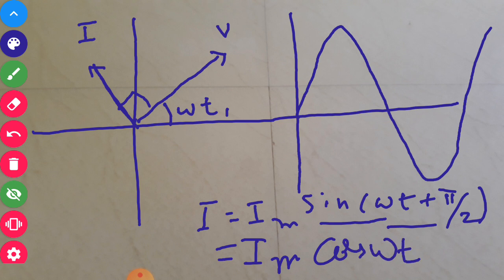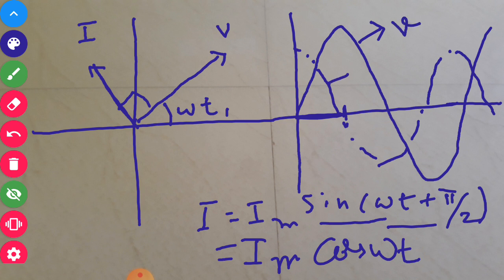Try to understand, sin(pi by 2 plus theta) is cos theta, so the graph will be a cosine curve, and pi by 2 is the phase difference, so we can draw like this. So this is the graph of voltage and this is the graph of electric current, where you can see the phase difference between voltage and current to be pi by 2.